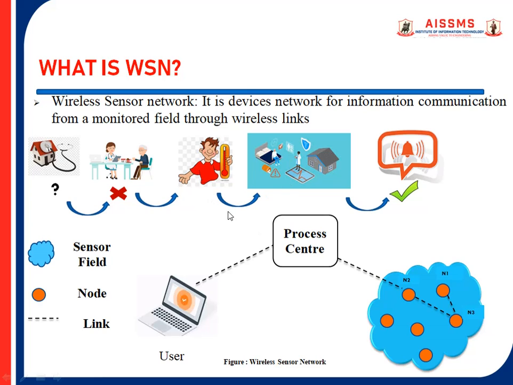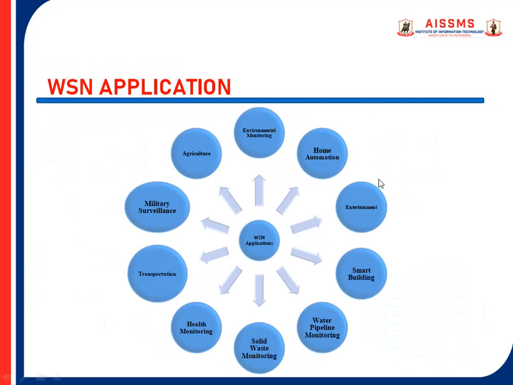So here the role of wireless sensor network comes in the picture. By wireless sensor network technology, the patient can interact with the doctor, and if all the parameters are okay, or if there is any emergency, the message can be received by using this technology.